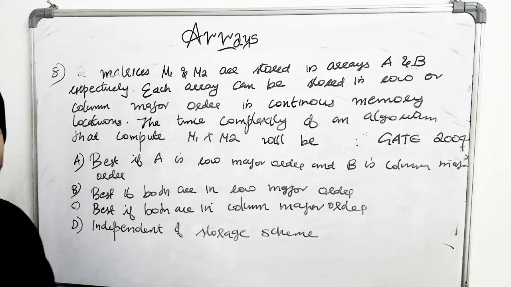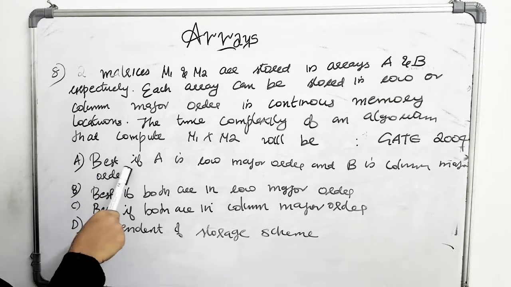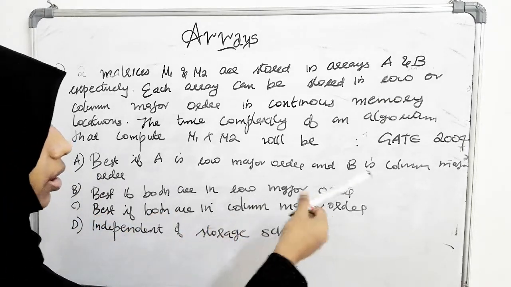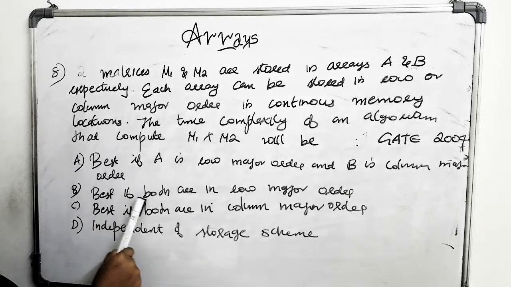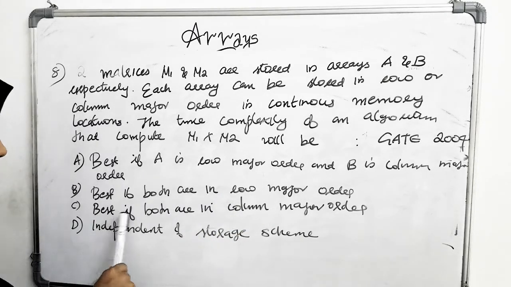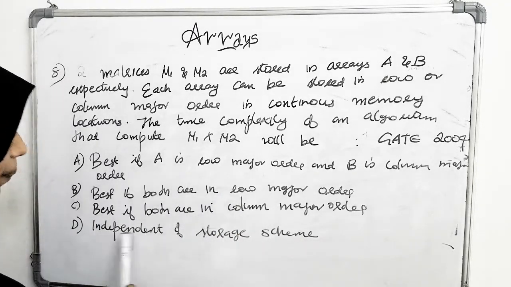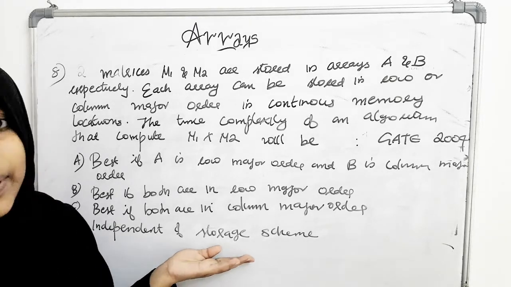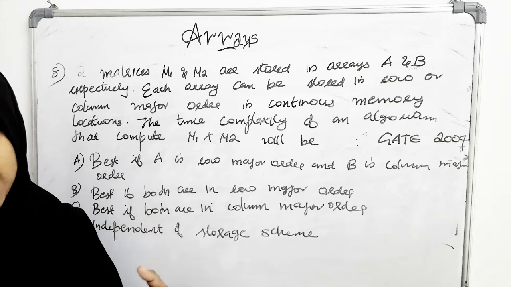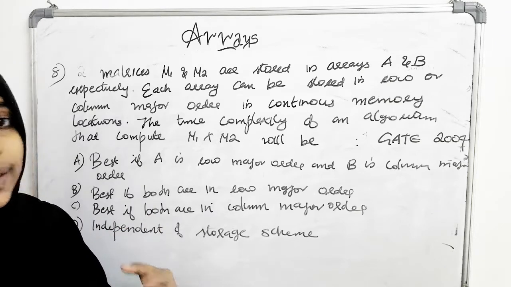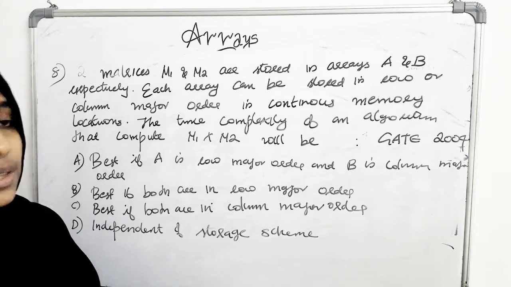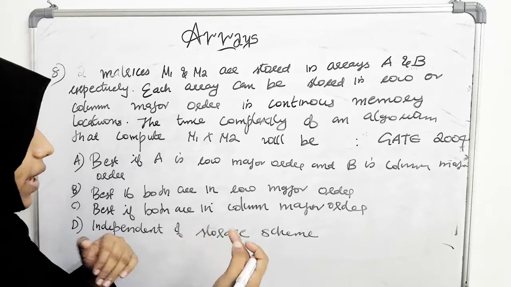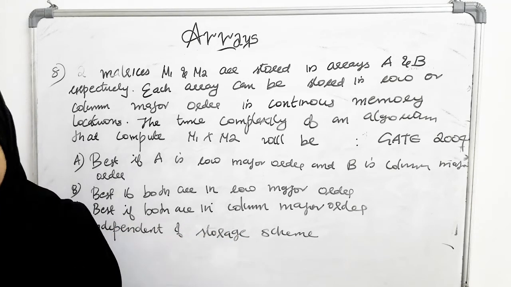This is a GATE 2004 question, and the options are: best if A is in row major order and B is in column major order, best if both are in row major order, best if both are in column major order, and independent of storage scheme. See, the answer is independent of the storage scheme, because you have seen the matrix multiplication algorithm that takes 3 loops and takes each and every element of A and B one by one and multiplies it.